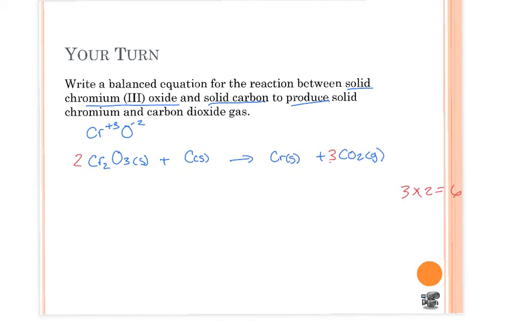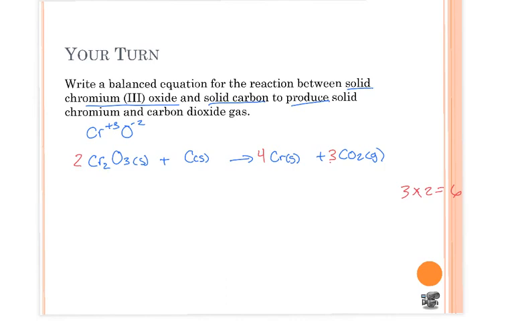But now look, when I put the 2 here, yes, I balanced the oxygens, but now I have 2 times 4. I have 4 chromiums here, and I only have 1 chromium. So I'll adjust for that, no problem, because this is a free element. So I can put any coefficient that I want on there. So 4 on the right side by the chromium.